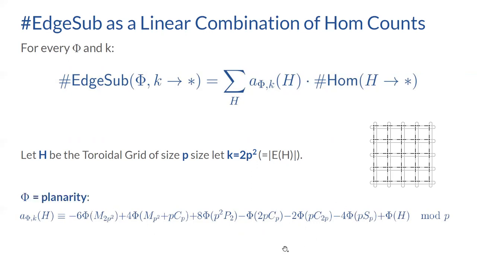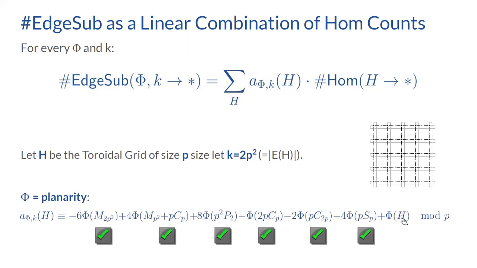Now let's take a look at what happens if phi is the property of being planar. Okay, so the matching is planar, matchings and cycles are planar, path packings are planar, cycle packings are planar, and sun packings are also planar. So even without defining in detail how those graphs look or how large they are, just believe me, all of those are planar.